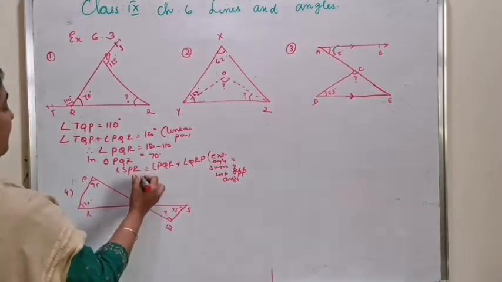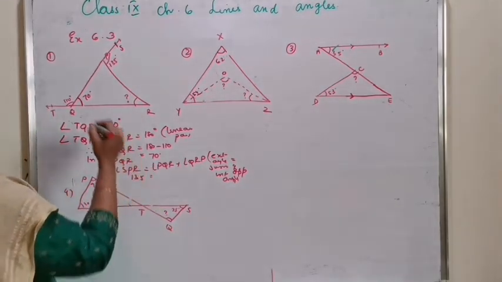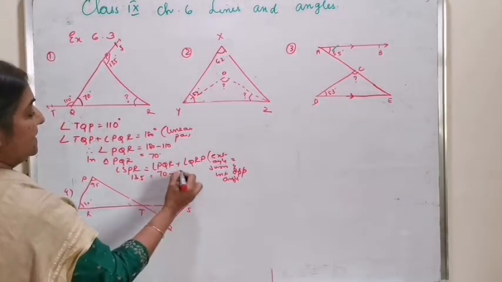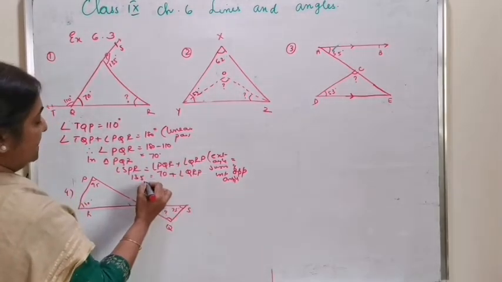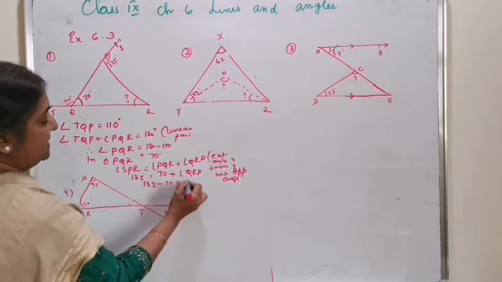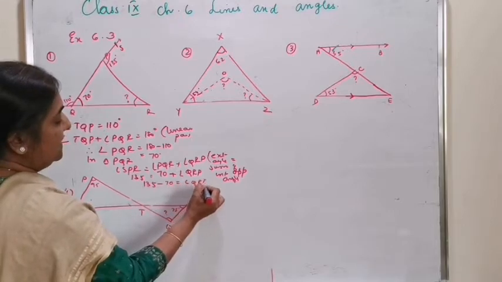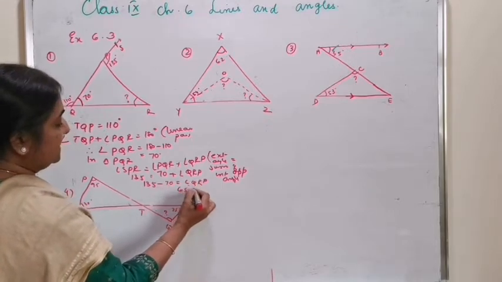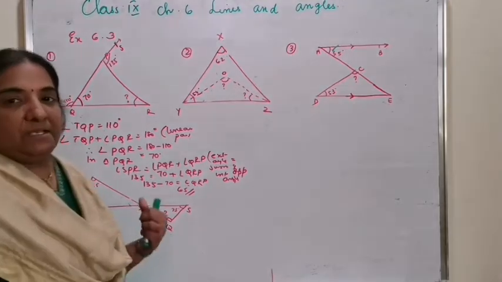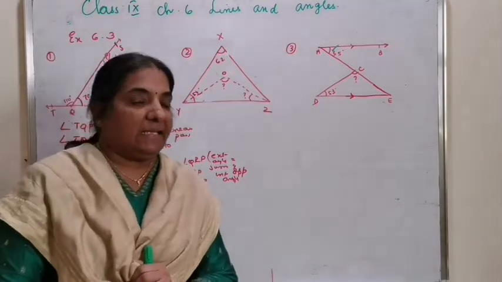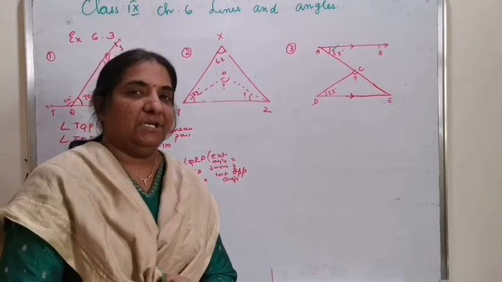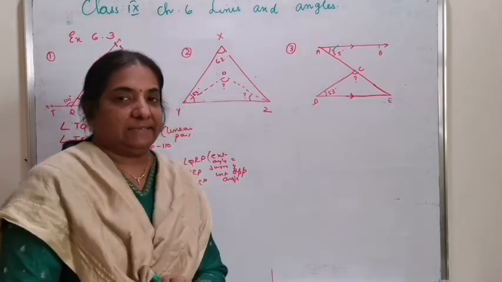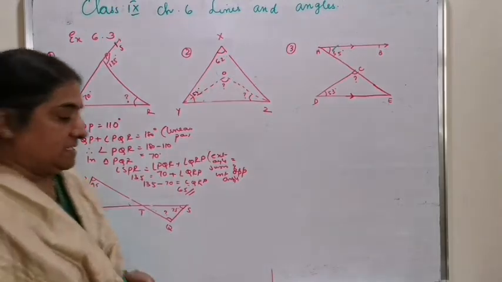Therefore, 135 is equal to angle PQR, 70, plus angle QRP, that is 135 minus 70 is angle QRP, which is equal to 65 degree. You can also call the angles by the numbers, angle 1, 2, 3, etc., to avoid the letters.